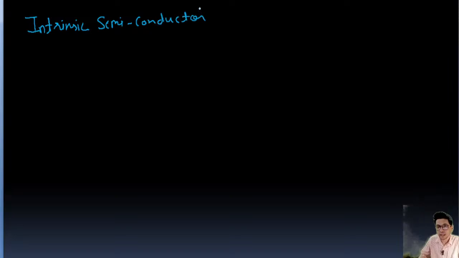Now there are intrinsic semiconductors and extrinsic semiconductors, so there are 2 types of semiconductors.